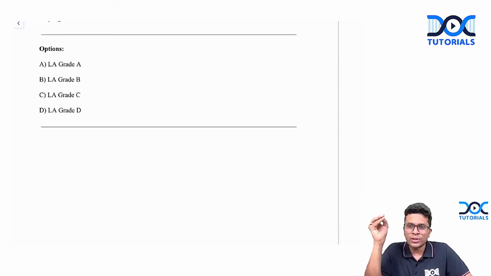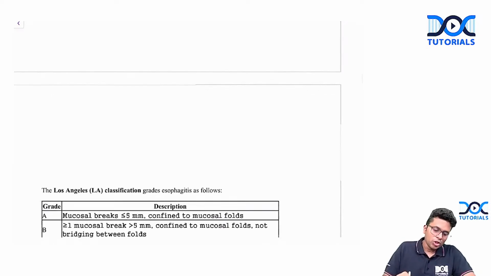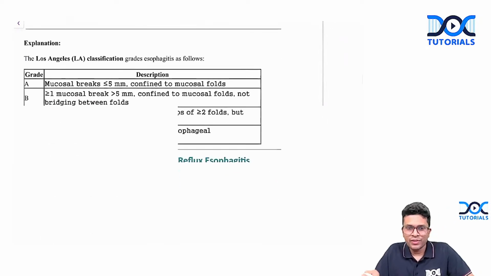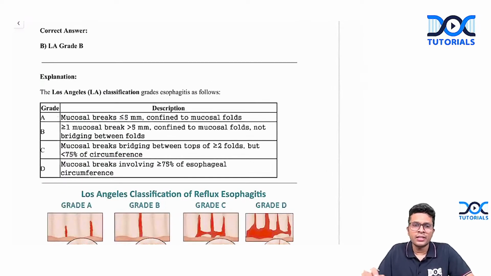Again, this is also there in the PG curriculum and in NEET and NExT, where I've described the different pictures of endoscopy and how to diagnose based on what we see. The Los Angeles classification is one of the important classifications we use to grade GERD, that is, erosive reflux disease.